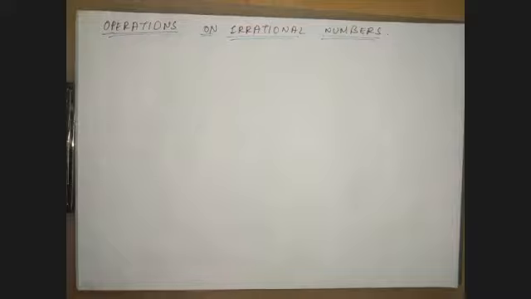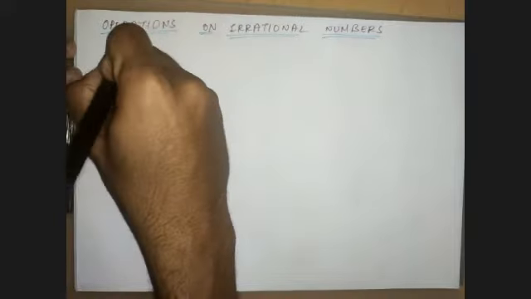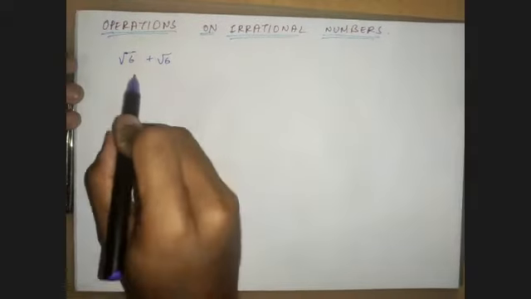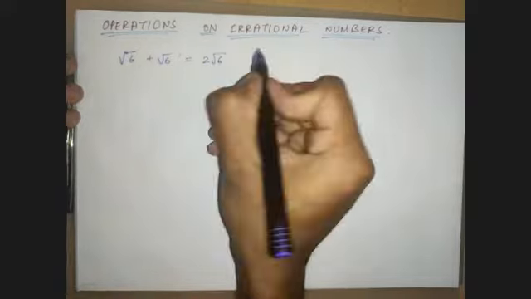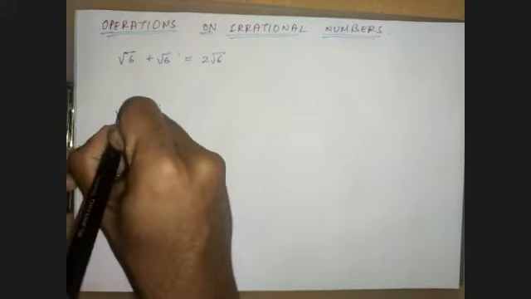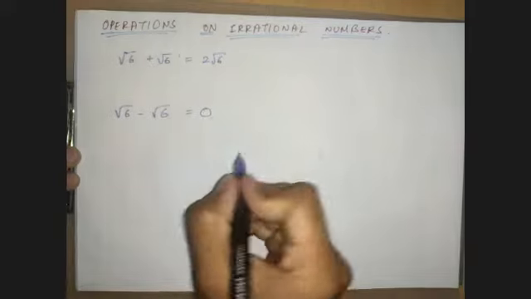Now let us look at operations on irrational numbers. As we all know, the operations are addition, subtraction, multiplication and division. Let us take an example, root 6 plus root 6. When I add two irrational numbers, root 6 and root 6, I get 2 root 6. Subtraction, root 6 minus root 6, is 0.